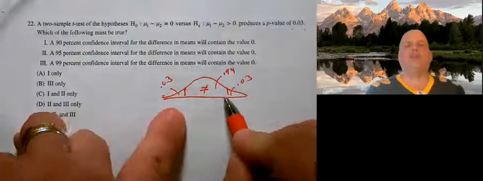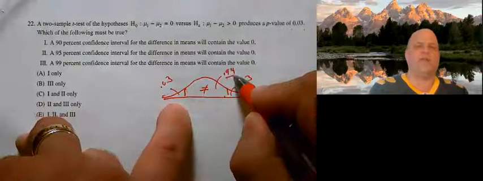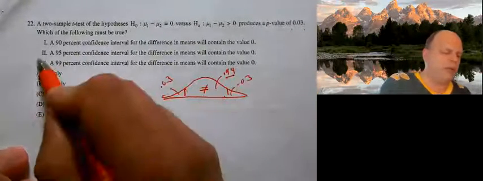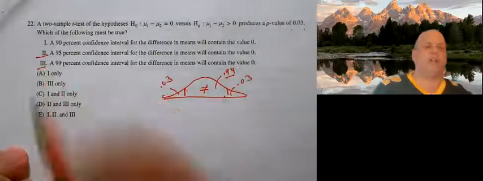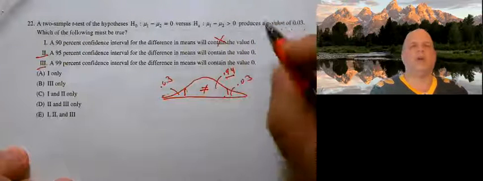So the largest interval that won't contain 0 is 0.94. All other intervals do. Well, that means 0.95 will contain 0 and 99 will contain 0. This one will not contain 0.